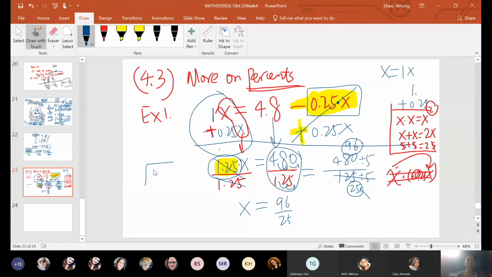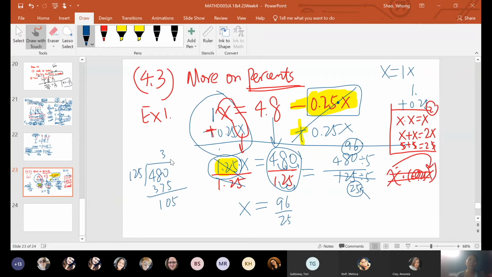The other option is to do long division. So 125 goes into 480 how many times? 2 times would be 250. 3 times would be, let's try it, 375. Let's subtract them and see what we get. That'd be 105, which is smaller than 125.